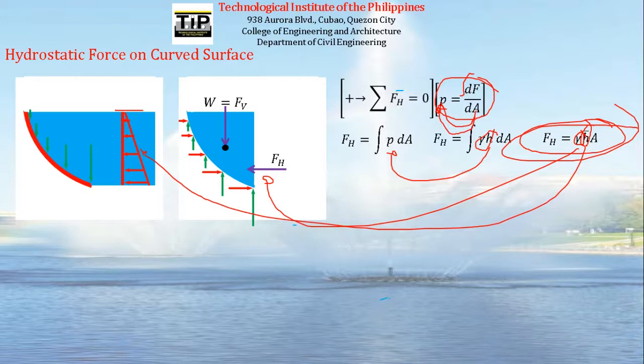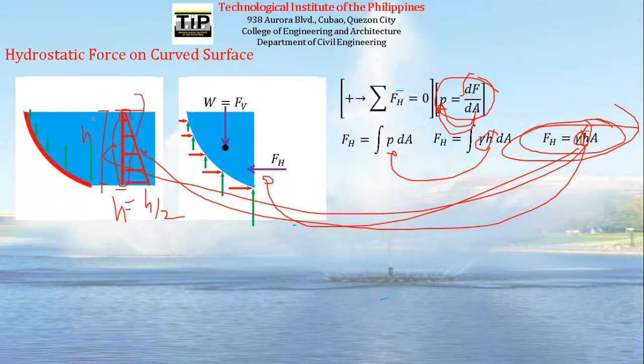So when we get h bar, what is it? h bar is equal to h over 2. We get the half, because again, the shape of this is rectangular. It's the same again as the F sub H of the flat surface. What is the h bar of a flat surface?